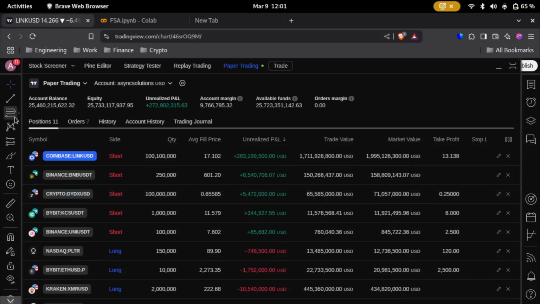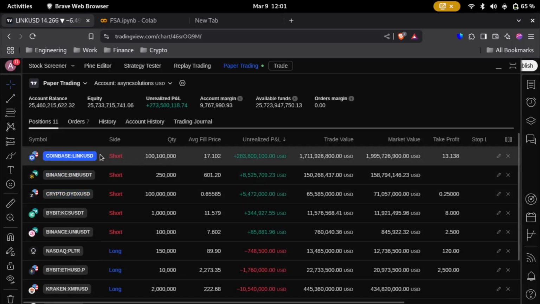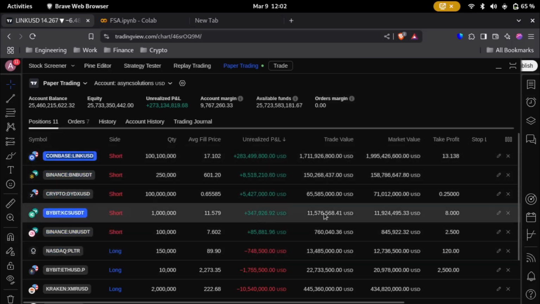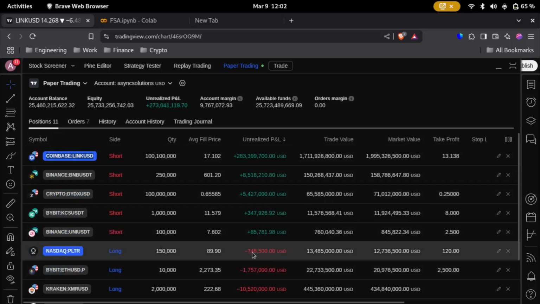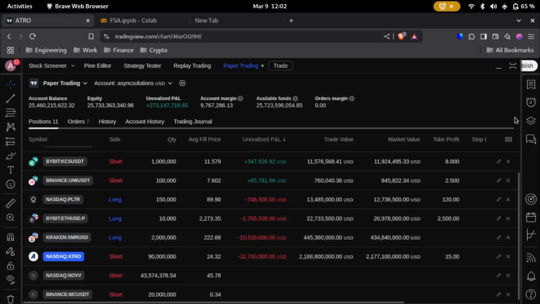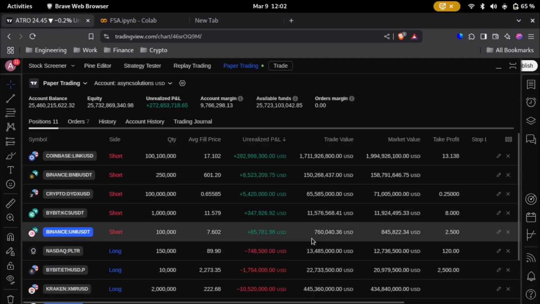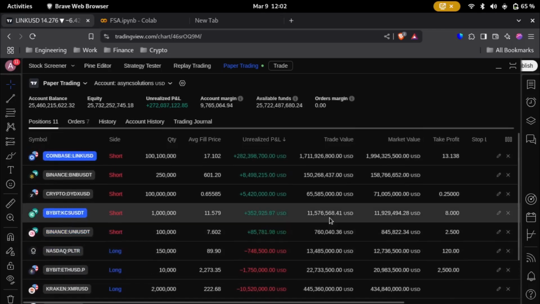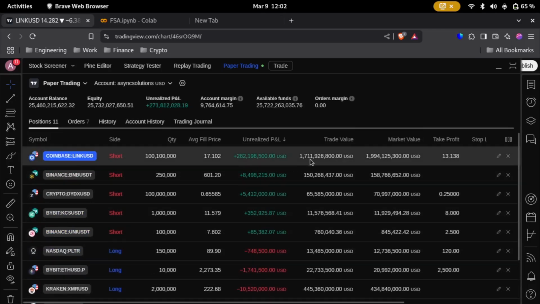So this trade right here is Link USDT, and I'm short the crypto market, as you can tell, right? Exchange tokens, as I've said. I'm long Palantir. I'm short this particular stock because they were up unrealistically high, so I'm just short to take advantage of it. Maybe it plays out, maybe it doesn't.